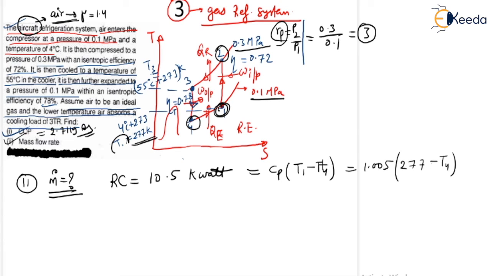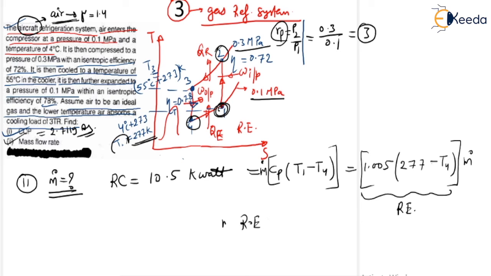Very good. And here for mass flow rate, we can multiply with mass flow rate also. Because this is your formula of RE, refrigeration effect, and if this refrigeration effect is multiplied by the mass flow rate, it is exactly equal to the refrigeration capacity, okay?